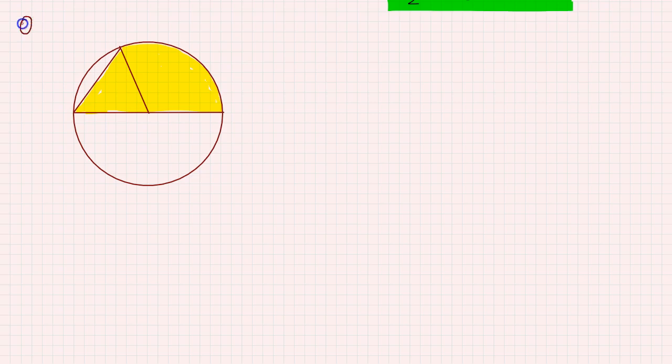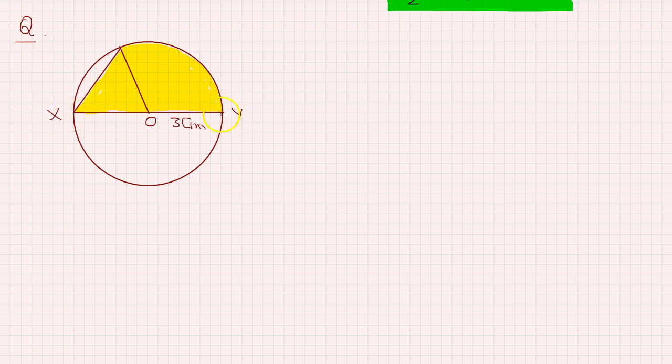So this is an important question. It says that this figure shows a semicircle. So this is X and Y, and O is the center of the circle, and the radius of this circle is 3 centimeters.